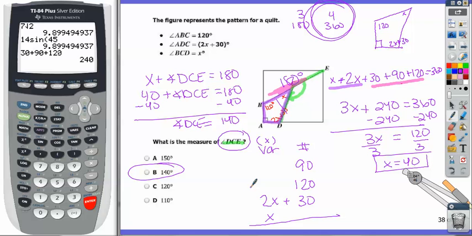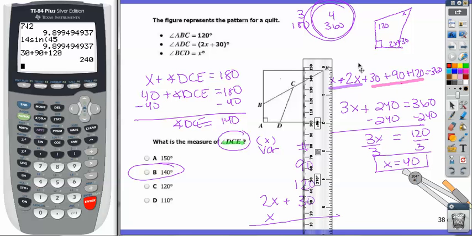Now, another fun thing to look at, and this is kind of tricky. If I have no idea what I'm doing here, I need to know what this green angle is. Another thing that I could do is bring out my ruler. So let's go ahead and erase some of this stuff, especially the markings on here, and I'll bring out my ruler.